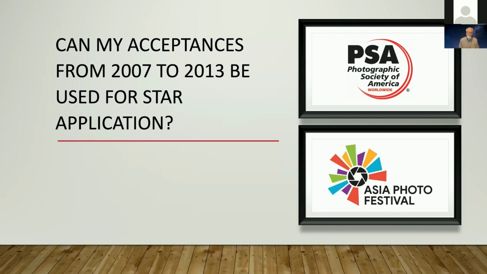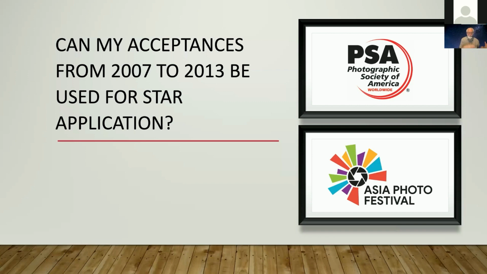Simply remember that you can use those old acceptances, but if they're further back than 1 year, you'll have to pay a fee. Now, the fee that you pay is $25 US per year. And for lots of people, that's a good value, because if you, say, for example, you joined today and you wanted to use acceptances from the previous 2 years, then going back 1 year, that's free.